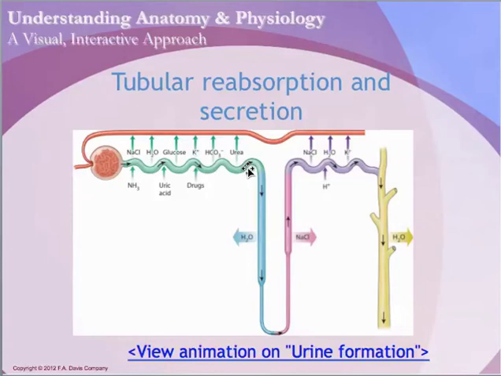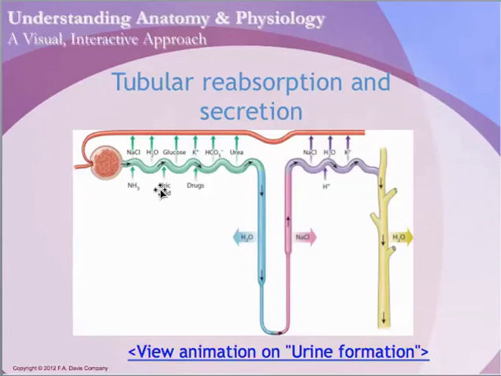Sodium moves by active transport out of the proximal tubules and into the peritubular capillaries. You can see that here. Active transport means that it requires energy. Because sodium moves out, water follows sodium, and that's a passive process. Passive transport does not require energy.